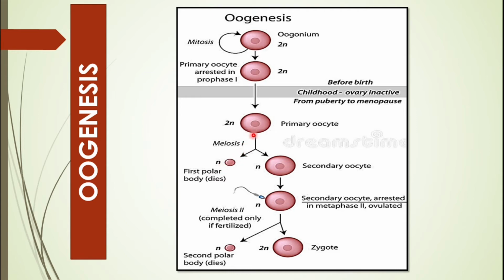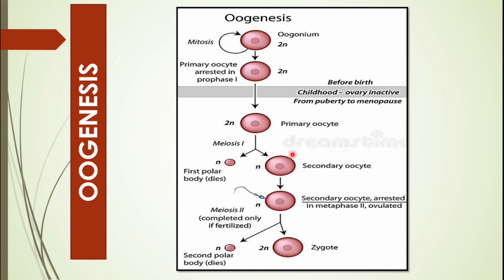Whenever there is a meiotic division, two daughter cells are produced. Both are haploid in chromosome number, and the larger one is known as the secondary oocyte. The smaller one is called the first polar body. It normally dies. It's a very small cell.